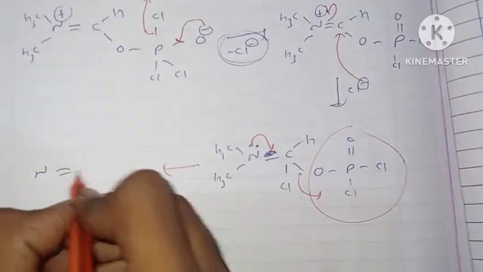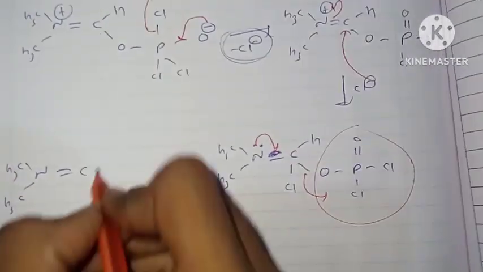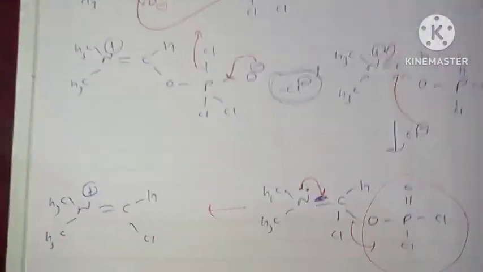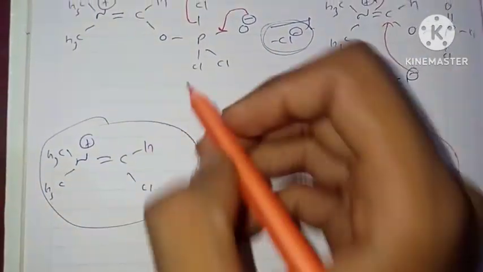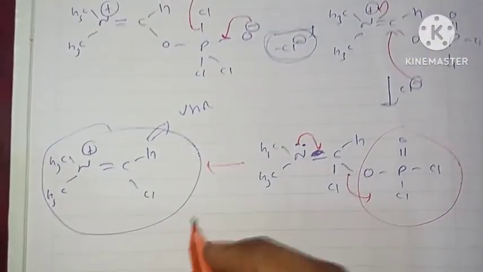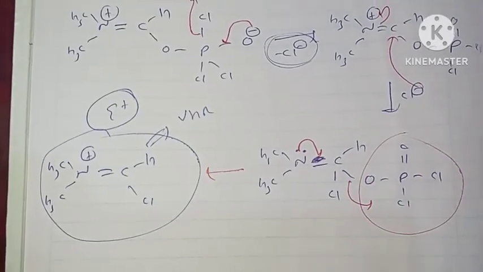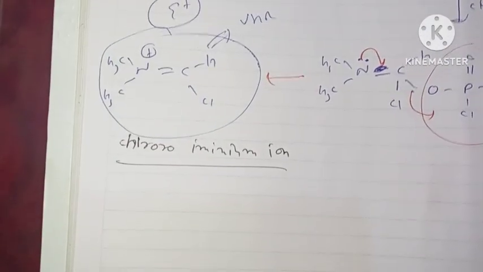There is nitrogen double bond carbon, 2 methyl groups, hydrogen and Cl, and this nitrogen carries a positive charge, and this is our Vilsmeier-Haack reagent, which acts as an electrophile, and this is a chloroiminium ion.